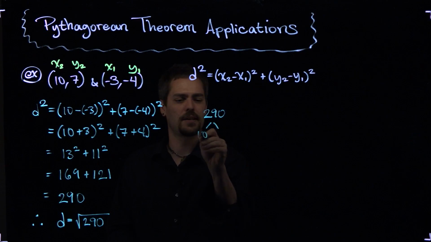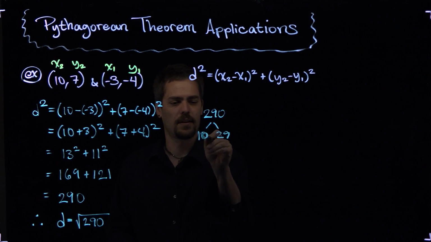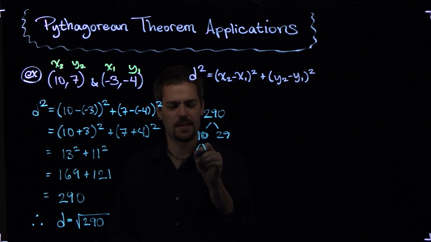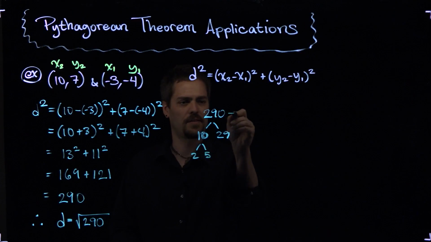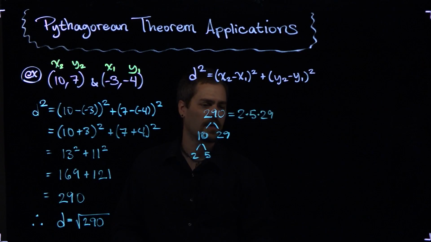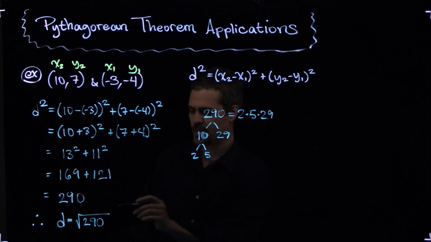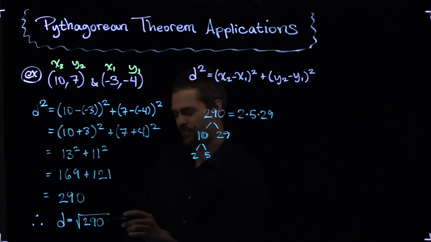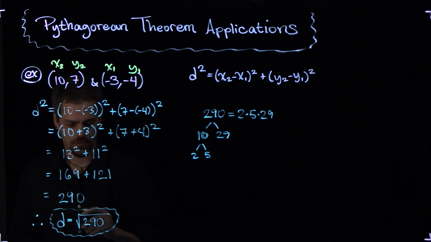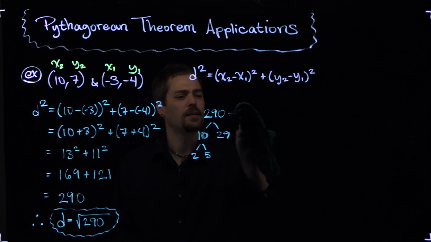What times what is 290? 29 times 10 looks like it's 290. I'm going to go down to the prime factorization. 29, that's a prime number. 10 is 2 times 5, so 290 is 2 times 5 times 29. I don't see anything squared here, which means I cannot simplify this square root. So right here, that's it. D is equal to root 290. And I'll erase this here.